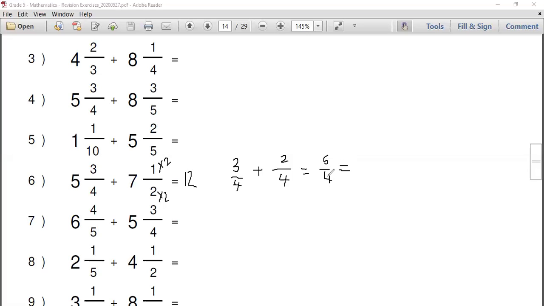How many times can 4 go into 5? Once. And will there be a remainder left? Yes. What will the remainder be? 1. So it's going to be 1, remainder 1.